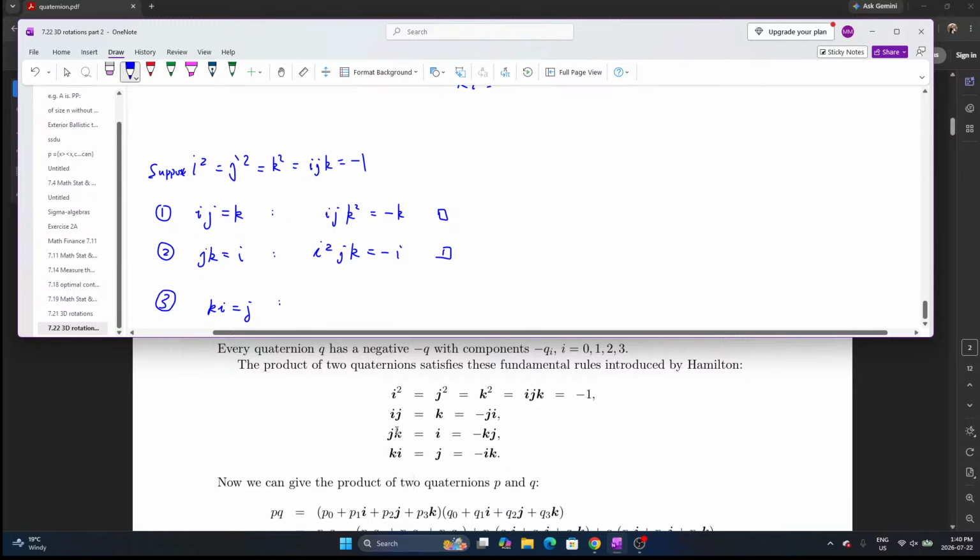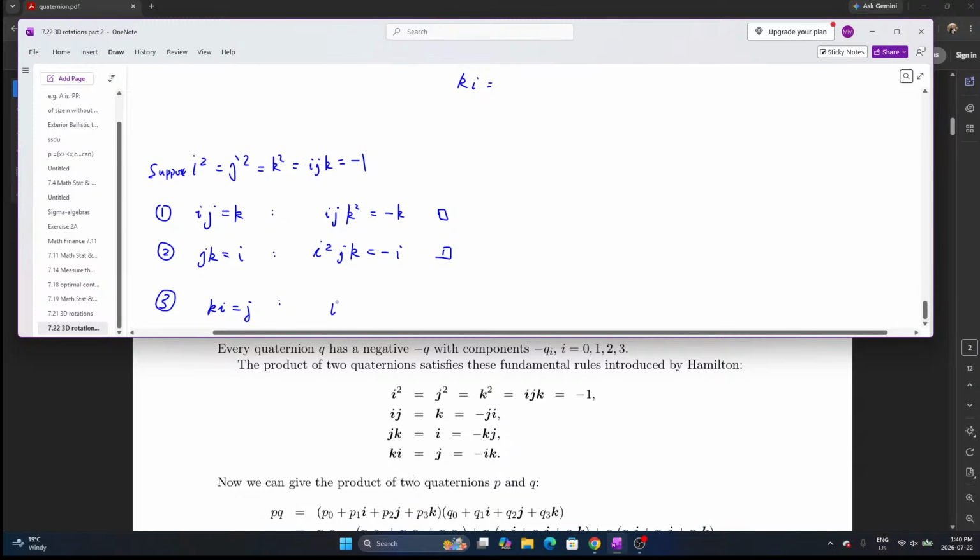I'm starting from the left part. I want ki equals j. Can we do that? Still, ijk equals minus 1.